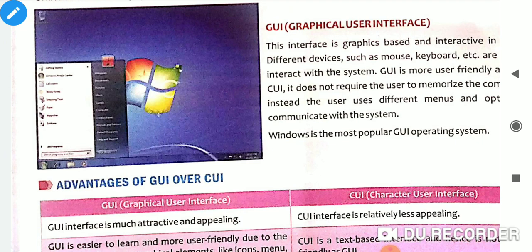It is graphics based and interactive with devices such as mouse, keyboard, etc. GUI is more user friendly than a CUI. It does not require the user to memorize different commands. Instead, the user uses different menus and can communicate with the system.